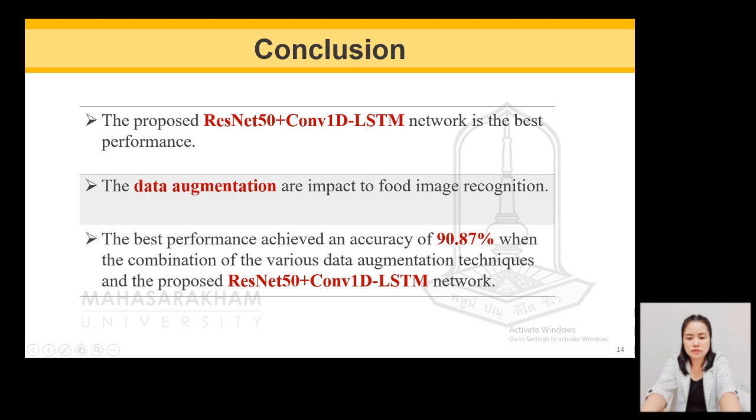The results show that the ResNet 50 and Conv1D LSTM network provide the best performance. Additionally, data augmentation has an impact on food image recognition, increasing accuracy by 0.27%.